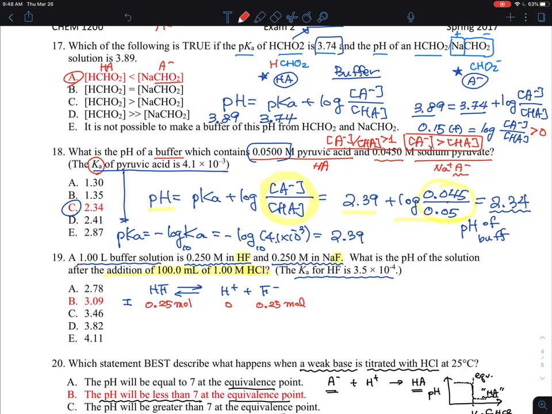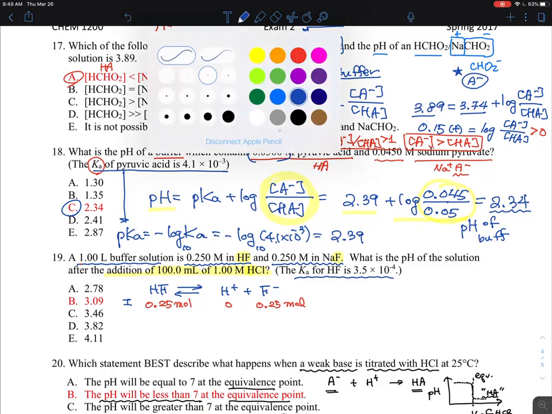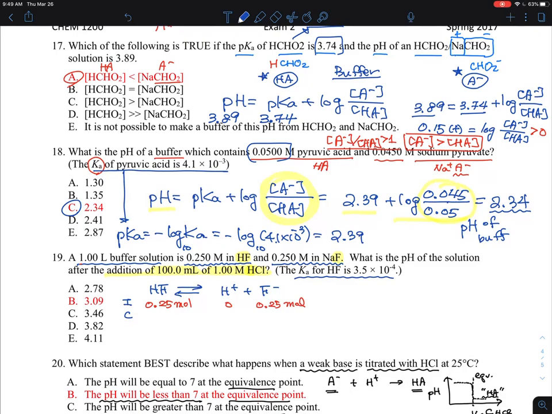So this is how much you put in the beginning. And then I'm going to write the changes, and you're going to say, okay, I'm going to put 0.1 mole, right? That's the amount of H plus you added in. So you are going to add that in for that scenario.